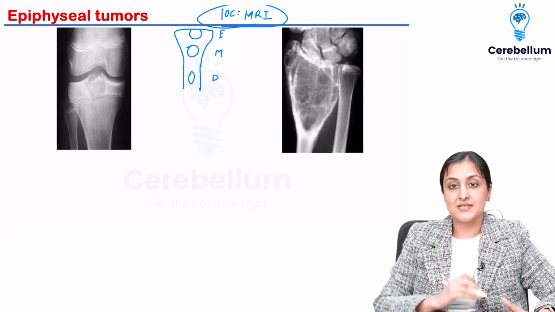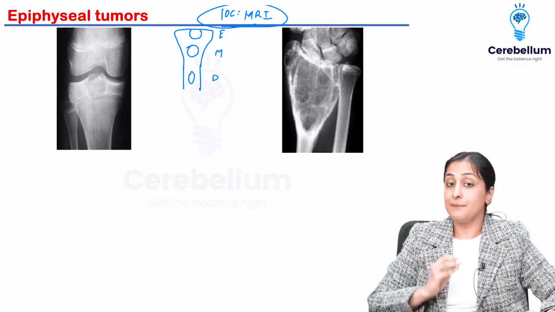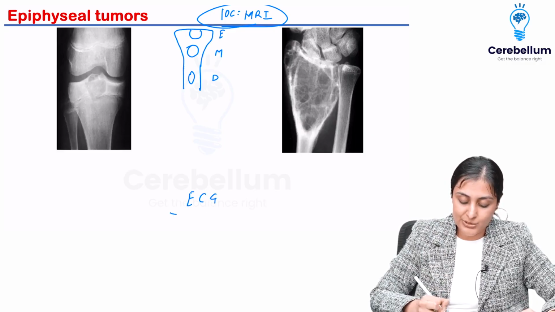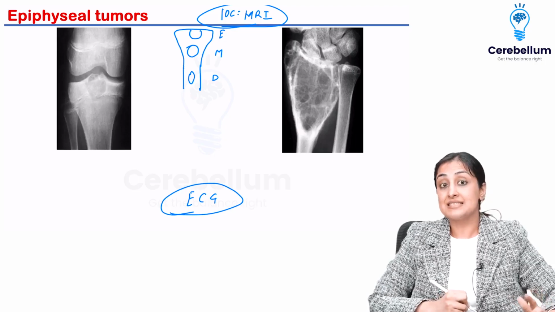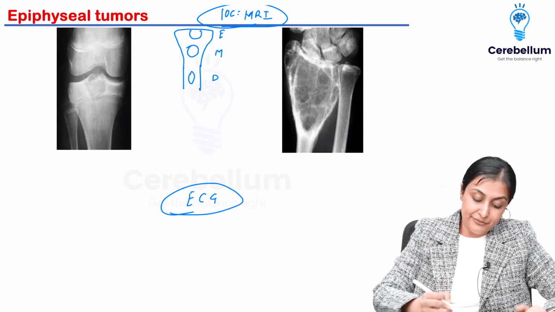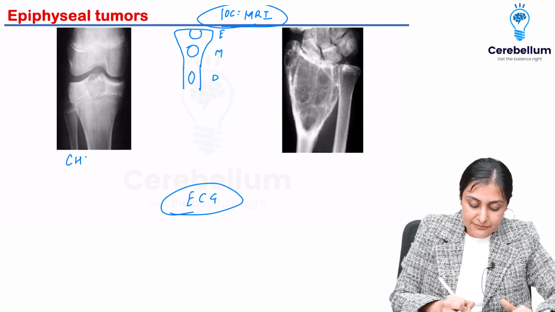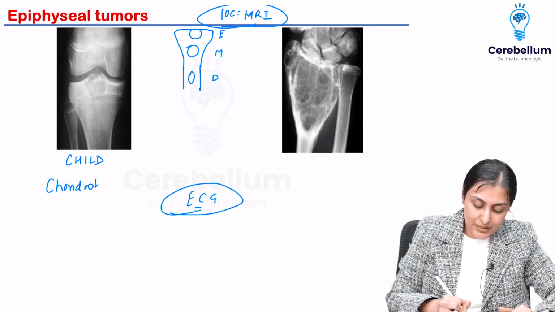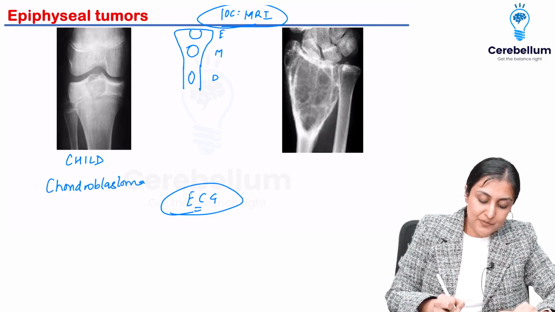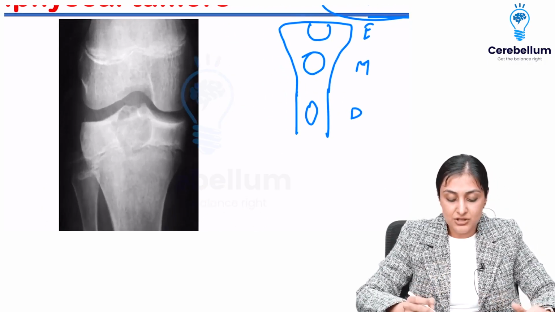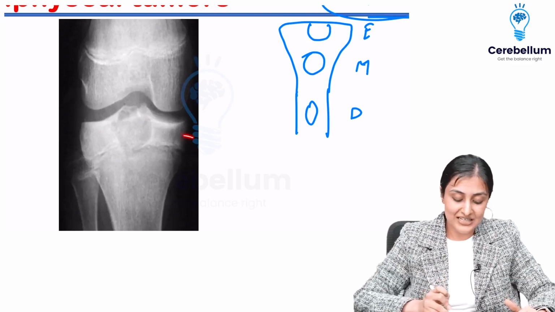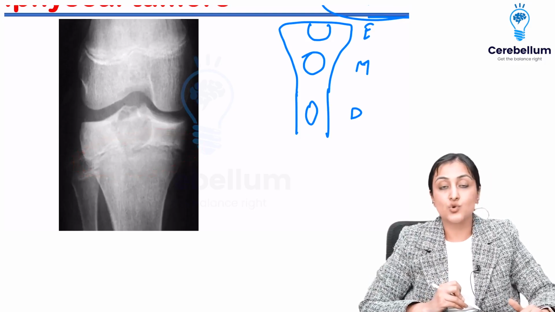If it is epiphysis reaching the joint, that is an epiphyseal tumor. You have to consider 2 DDs. Remember ECG. So, if it is a child, C for child, C for chondroblastoma. So, if you see an epiphyseal tumor reaching the joint surface in a child, even if they don't give me this as a child, I can see that the growth plate is not fused here.